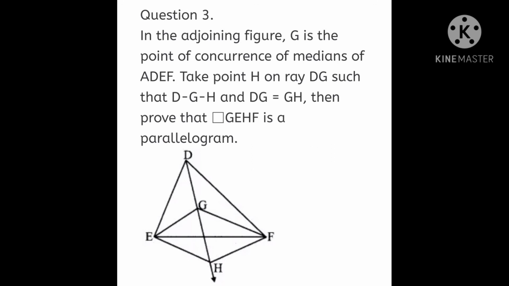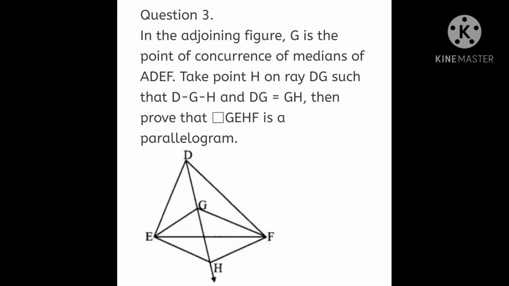Then we have to prove that quadrilateral GEHF is a parallelogram. I am repeating again. The given is point G is a centroid, because point G is a point of concurrence of the medians.